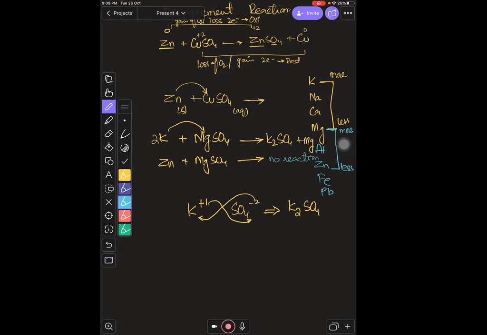You can say that zinc is not able to reduce magnesium. It is actually reduction. Zinc is going to reduce copper, right? So you can say that zinc is not able to reduce magnesium, or you can say that there is no reaction because zinc is less reactive than magnesium.